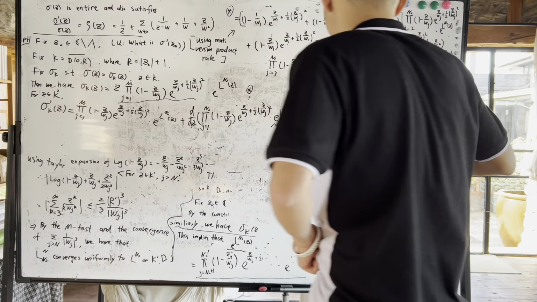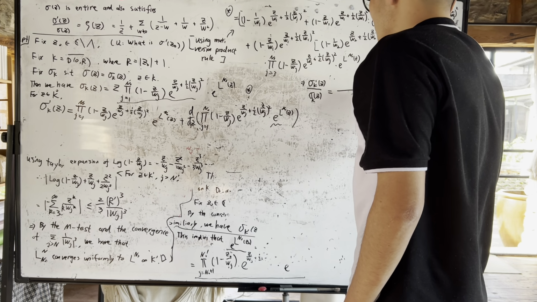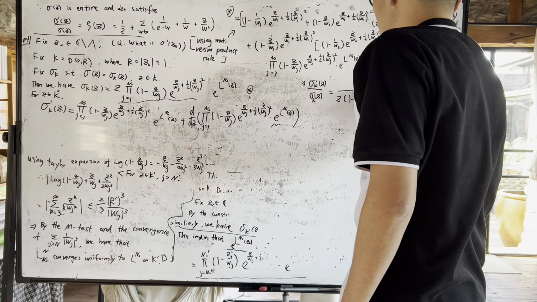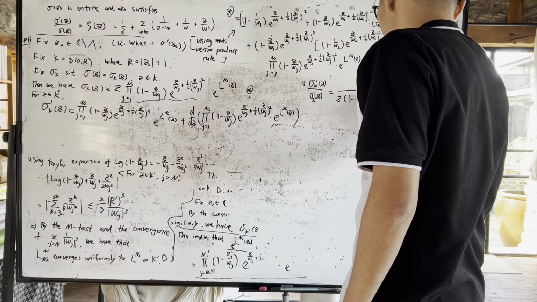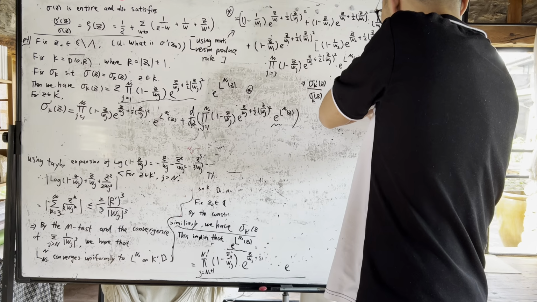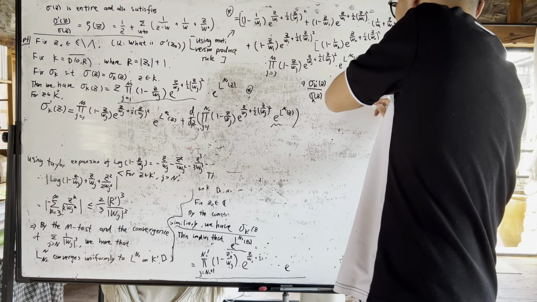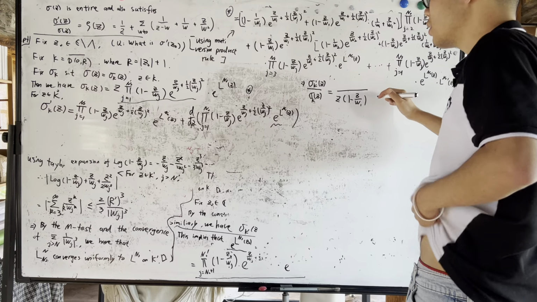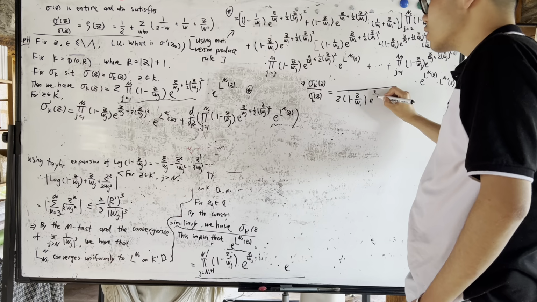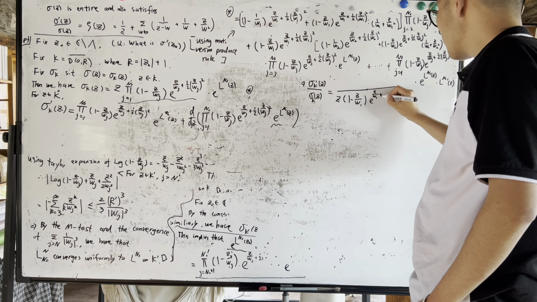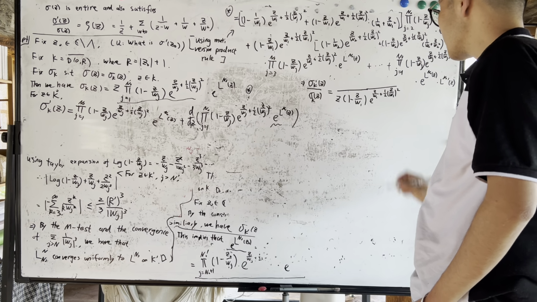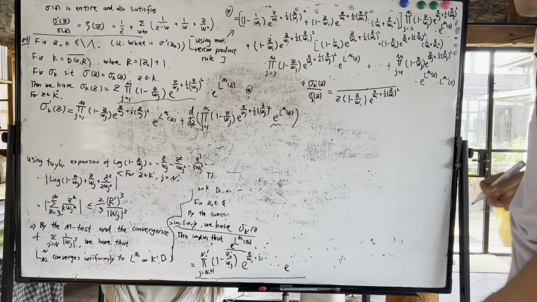Therefore, what's left on the denominator is just z times the first product, 1 minus z over omega 1, times e to the z over omega 1 plus 1 half z over omega 1 squared. So this is what happened on the denominator.